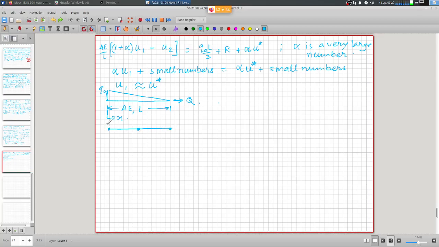So this is node 1, node 2, node 3. This is element 1, element 2.